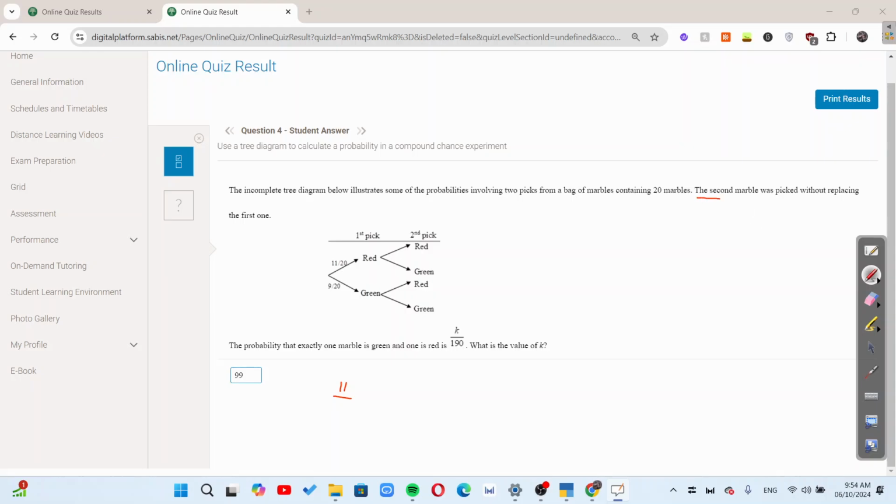Oh, by the way, the second marble was picked without replacing. So it's going to affect the second trial. So 11 out of 20 times 9 over 19, because you're affecting it, because it's not replaced.